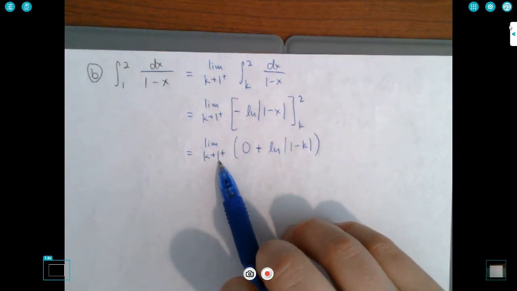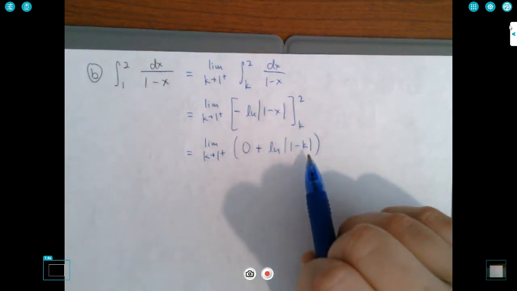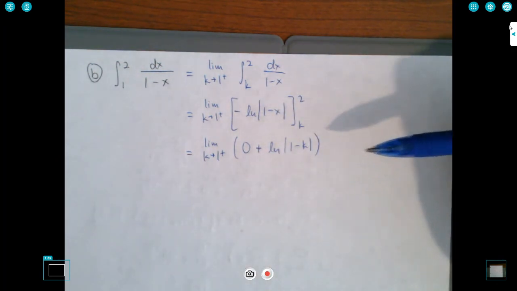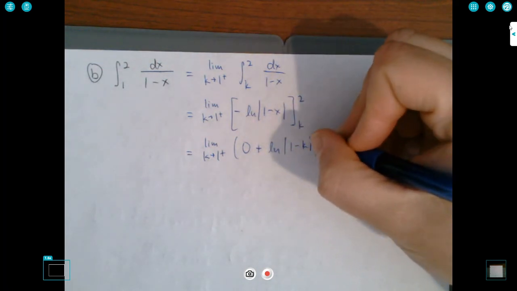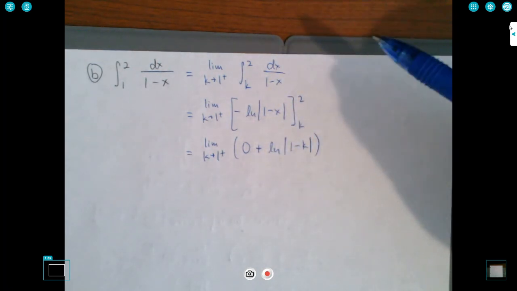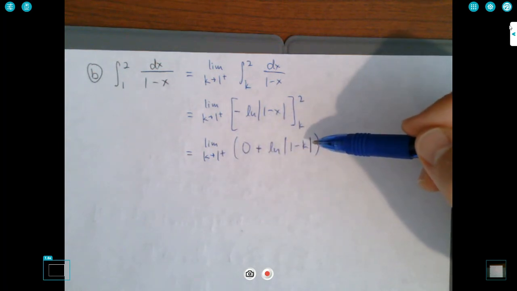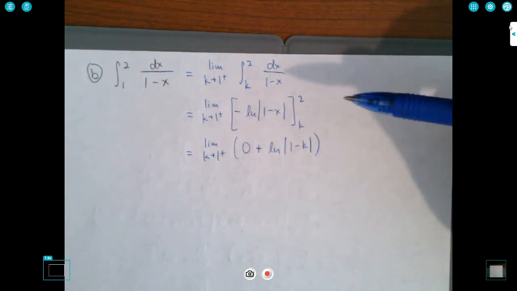So if I'm approaching 1 from the right, then that means k is going to be slightly bigger than 1. Not that it matters because I'm going to be taking the absolute value anyway. But if I just plug in 1, I suppose, I would get ln of 0. That is kind of a problem, right?